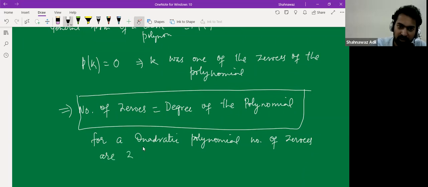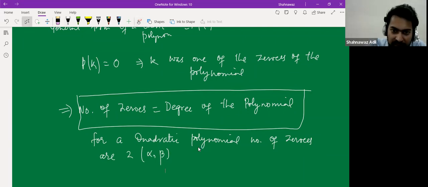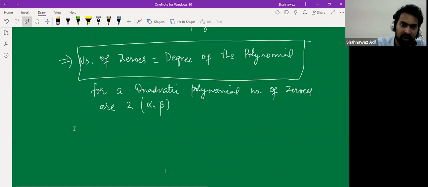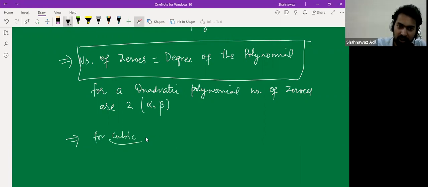Let's say we name them alpha and beta. And for a cubic polynomial, what will be the number of zeros? 3. For cubic, there will be alpha, beta, gamma.